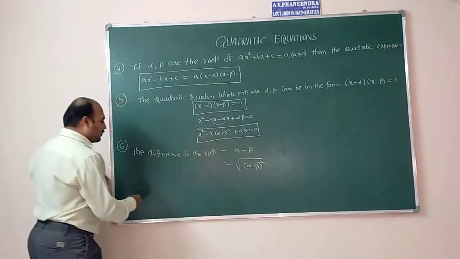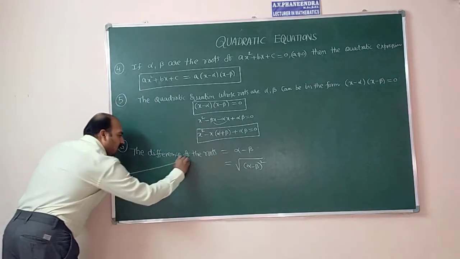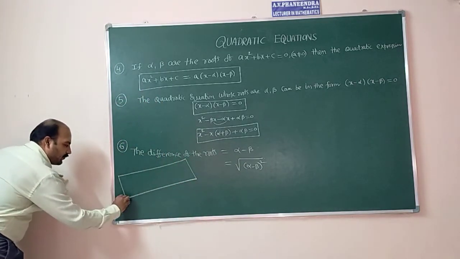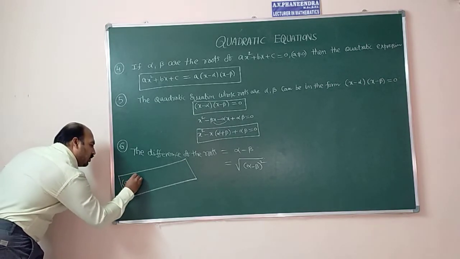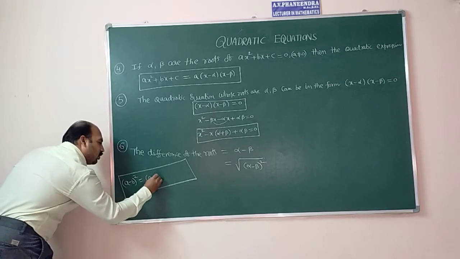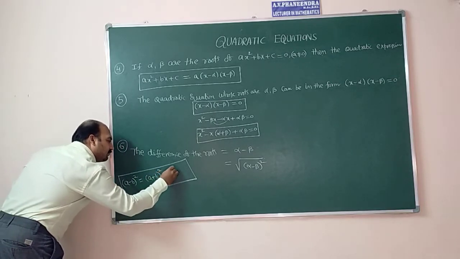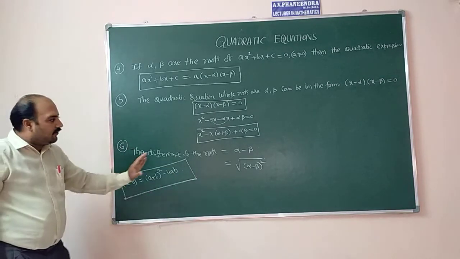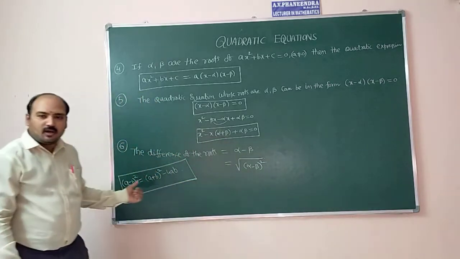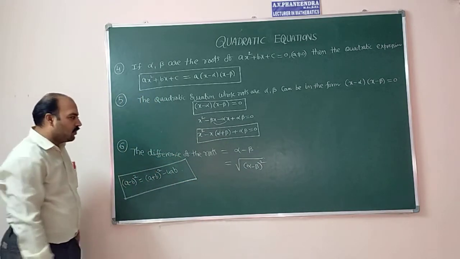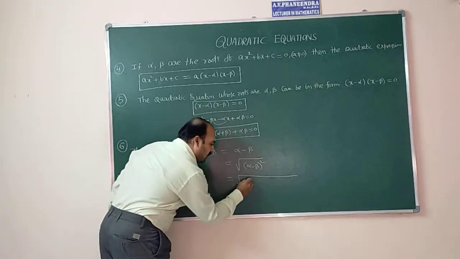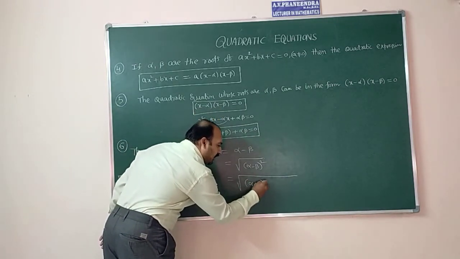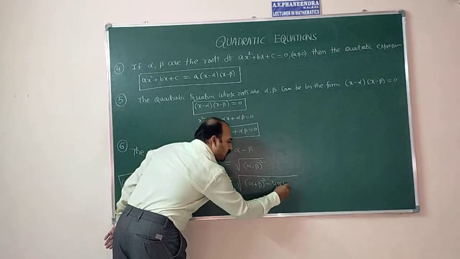In algebra formulas, we have a minus b whole square equal to a plus b whole square minus 4ab. Wherever alpha beta is there, a comma b is there only. So this can be written as square root of alpha plus beta whole square minus 4 alpha beta.